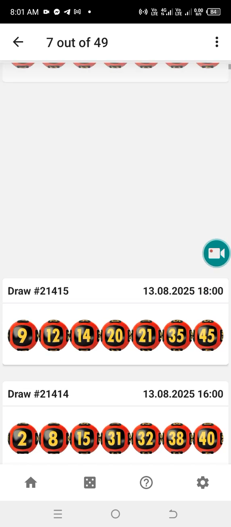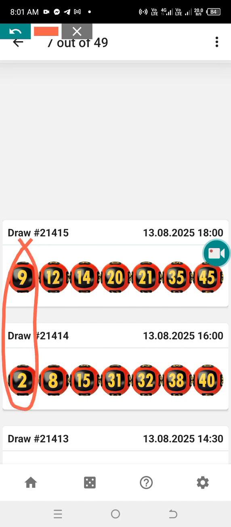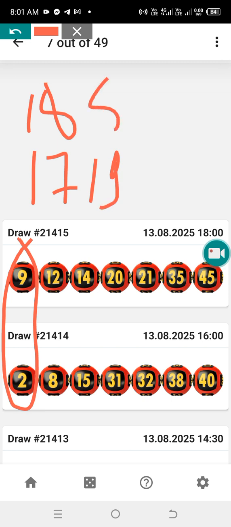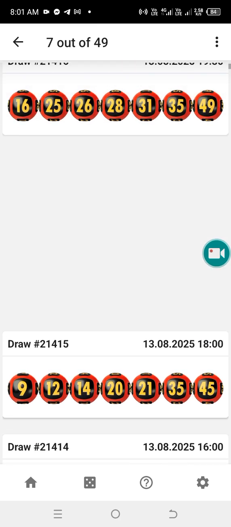All right. 2 times 9 is 18. Plus or minus 1 is 17, 19. Plus or minus 10 is 8 and 28. You can see 19 is sitting there, 28 is sitting there.